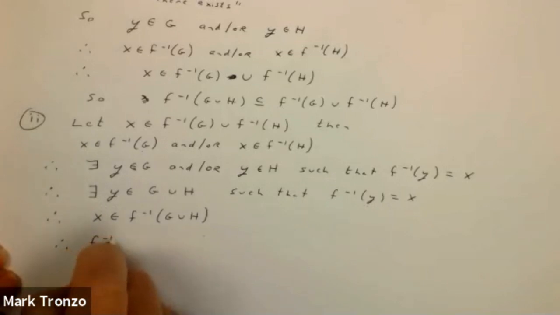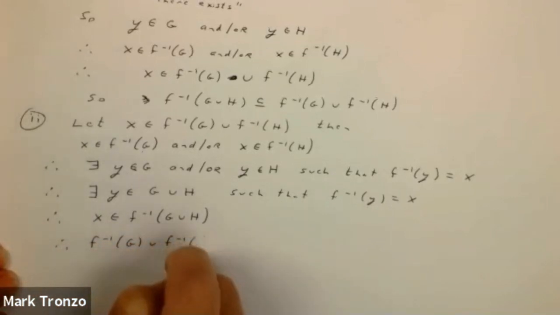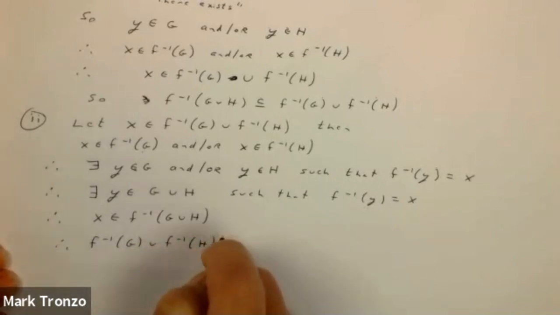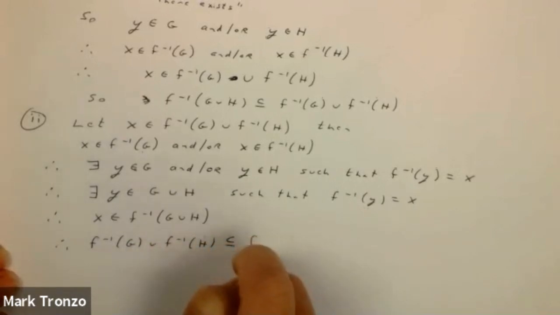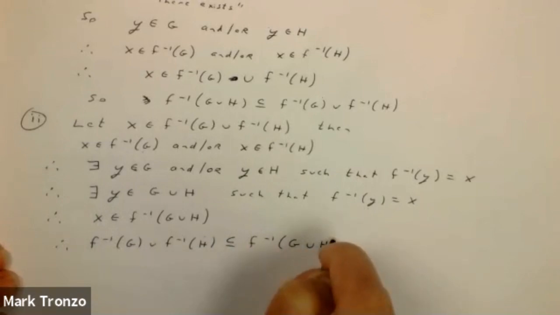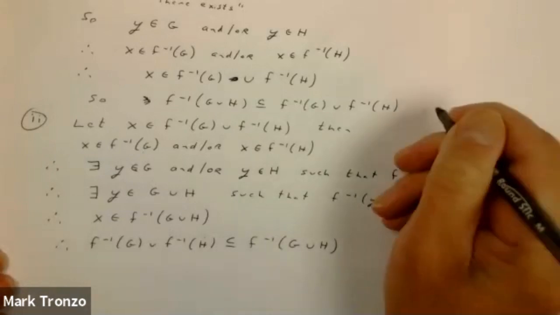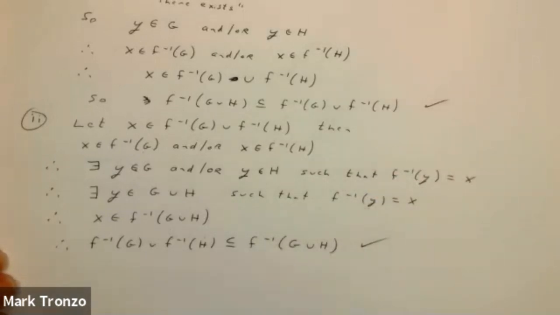Therefore, F inverse G union F inverse H is a subset of F inverse of G union H, like that. So we prove this and prove this, so the proof is complete.